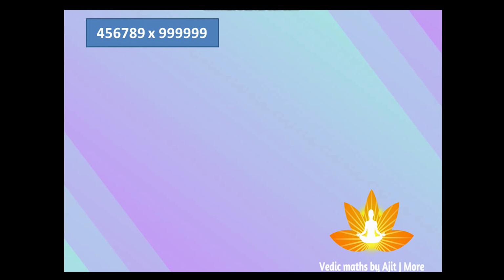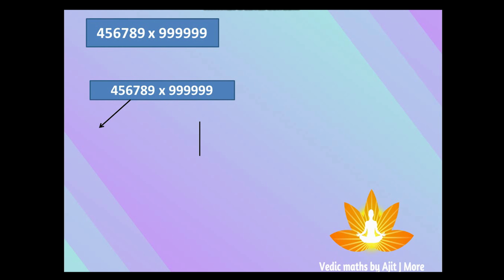Multiplying 4,56,789 by 99999. Are the number of digits in both the same? Yes. Now the answer, as I said, is made up of two parts. Tell me the first part. The first part is 1 less than A. Now what is 1 less than this A part? 4,56,788.